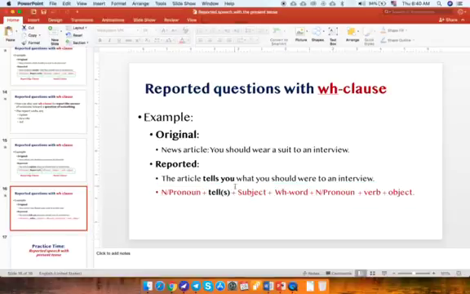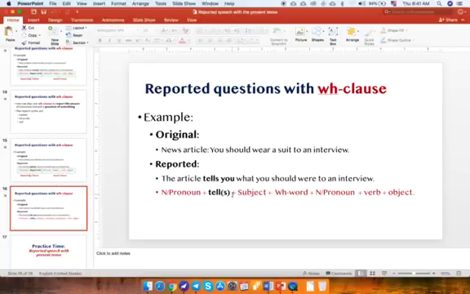Anything else? So the same thing when we use the WH clause. When you make the reporting question with the WH clause, it's the same thing as making the reporting statement with the that clause with the reporting verb tell. The difference is when we use the reporting verb tell in the reporting statement, we have to have the object.